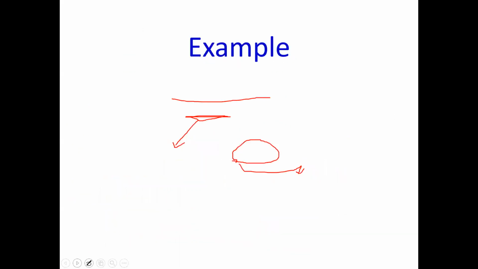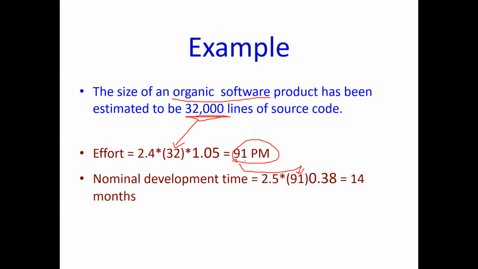Now see, 91 comes here, and then 91 to the power 0.38 and into 2.5. After that calculation, it comes to 14 months. Now see, if for this particular product I need 14 months, please try to understand this, very interesting.